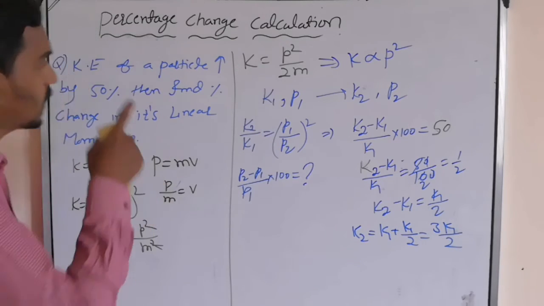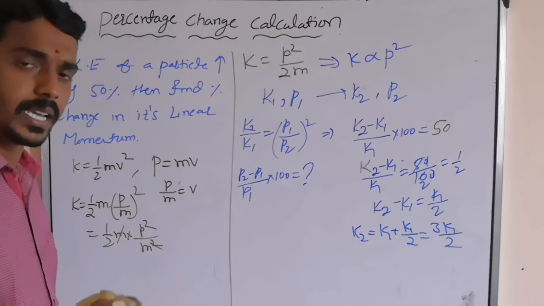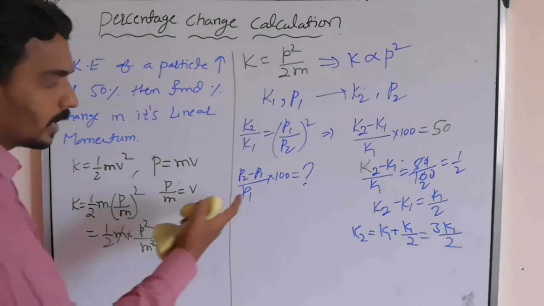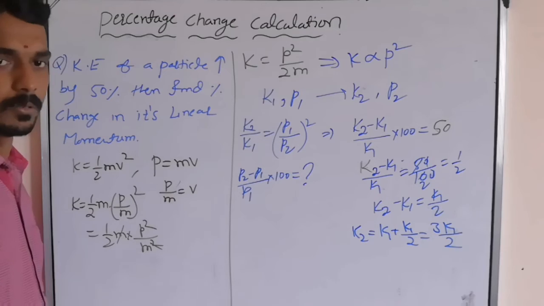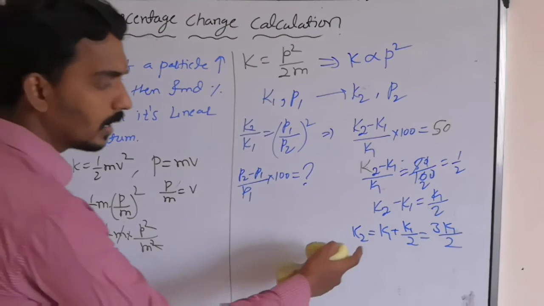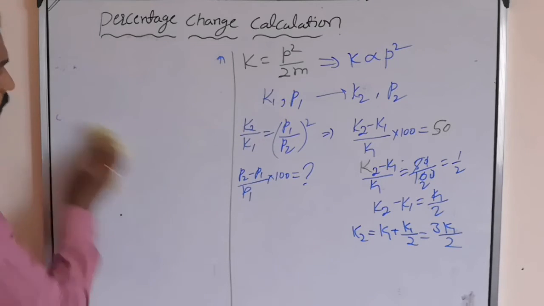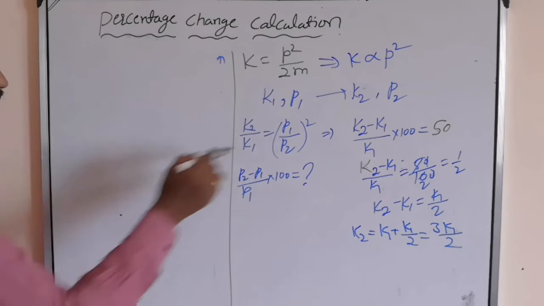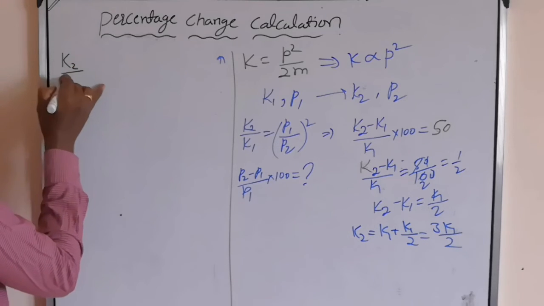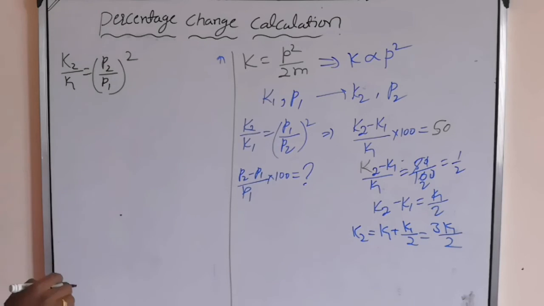Because they have given percentage change for kinetic energy only. If they give percentage change for linear momentum, then you will substitute here and you will get the relation between P1 and P2. But here we found the K1, K2 relation. Then using this relation, K2 by K1 equal to (P2 by P1) whole square.